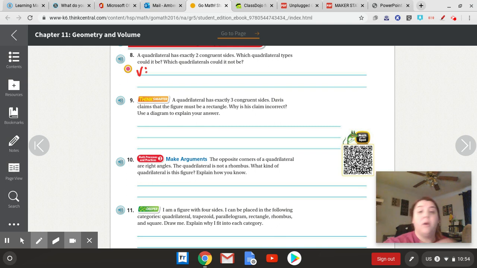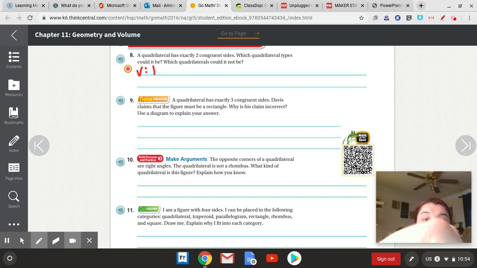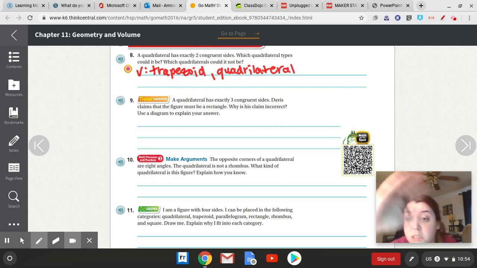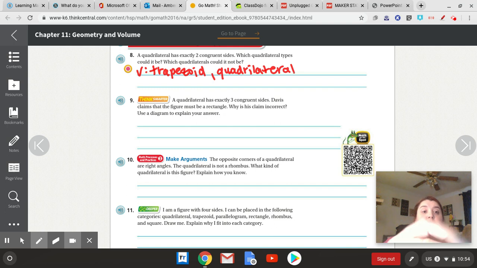It doesn't talk about parallel sides or angles, nothing. So in all honesty, this could be a trapezoid, or it could be a quadrilateral. Again, don't think too far into this because it's very non-specific. You don't want to overthink this one.